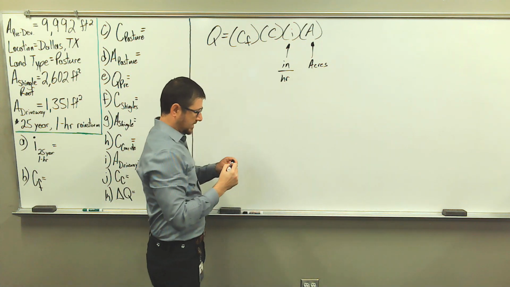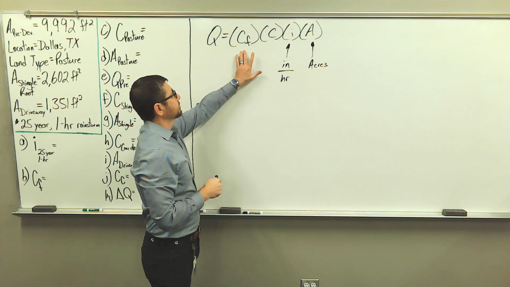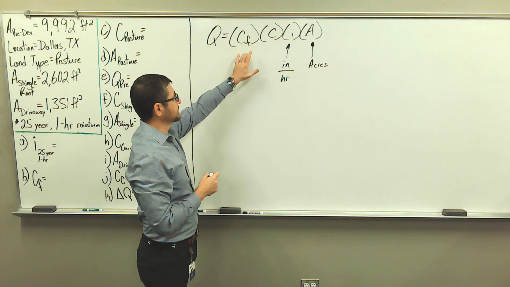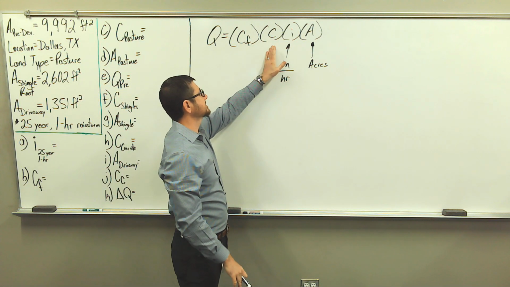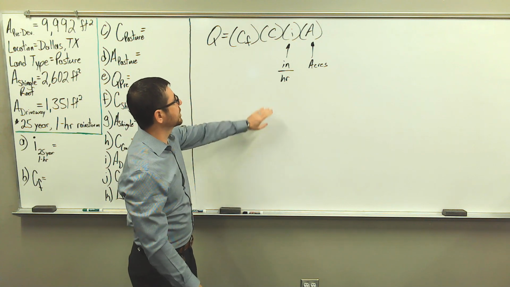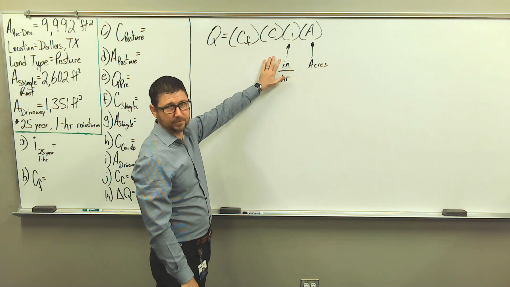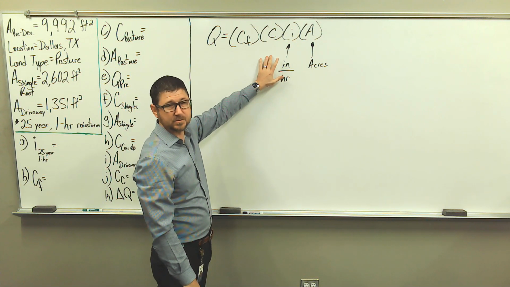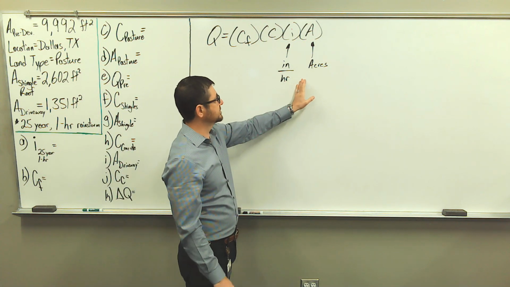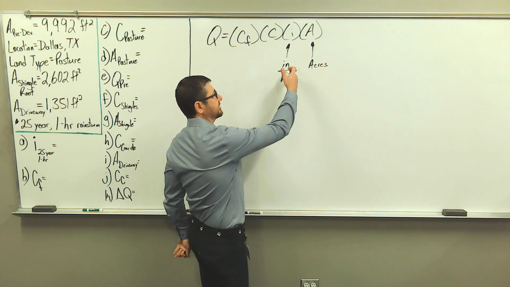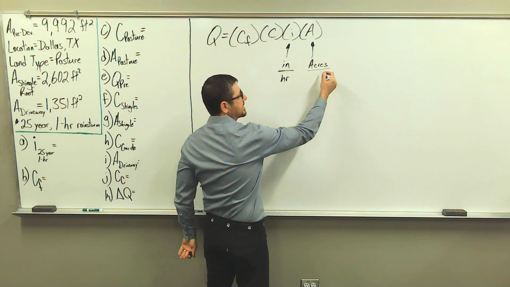For our runoff rate coefficient factor based on the return period, we just have a numerical value, no units. Next, we have our runoff coefficient based on the surface, how it's categorized. Once again, just a numerical value, no units. So we're going to wind up with units of inches per hour times acres.